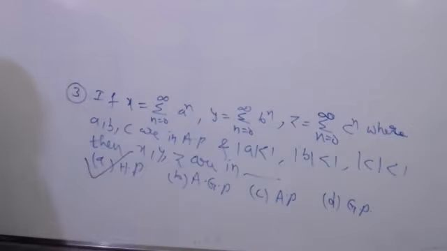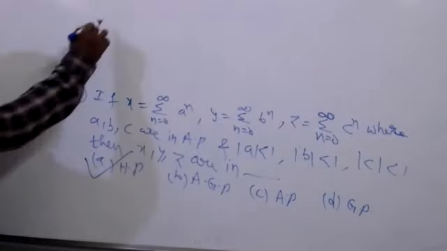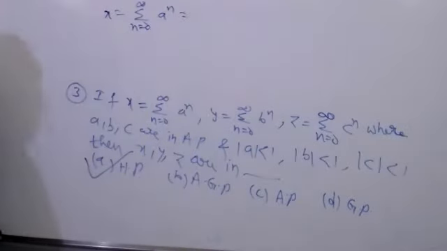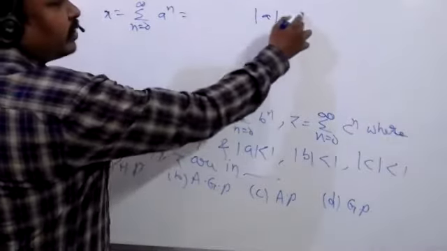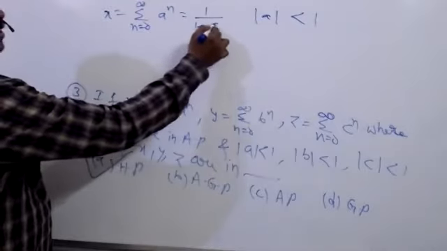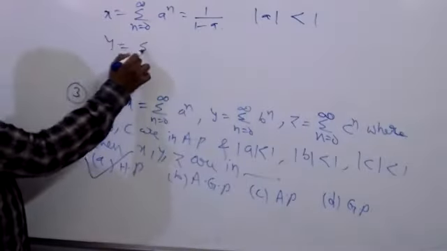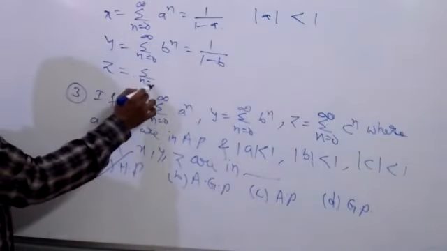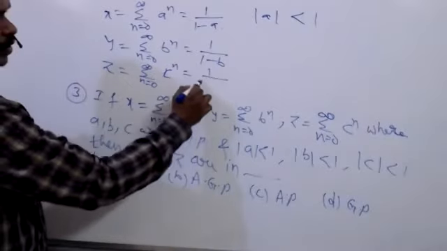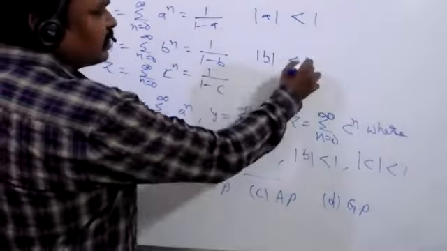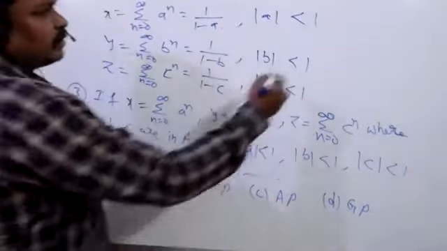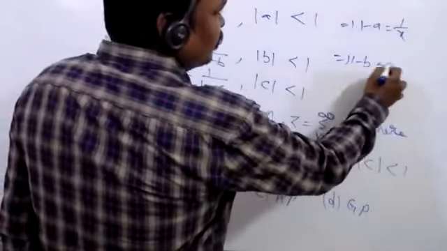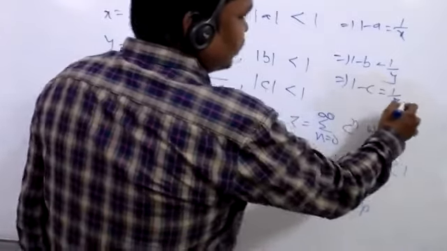Absolutely correct. x is equal to sigma n is equal to 0 to infinity a power n, mod a is less than 1, then it becomes 1 upon 1 minus a. y is equal to sigma b power n is equal to 1 upon 1 minus b. z is equal to sigma c power n is equal to 1 upon 1 minus c.